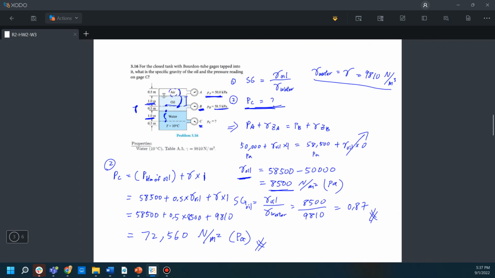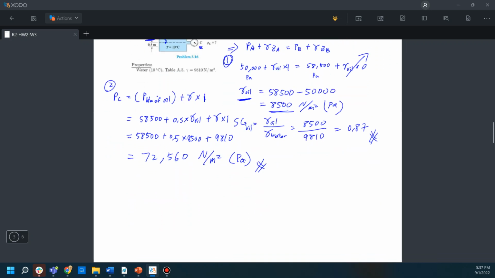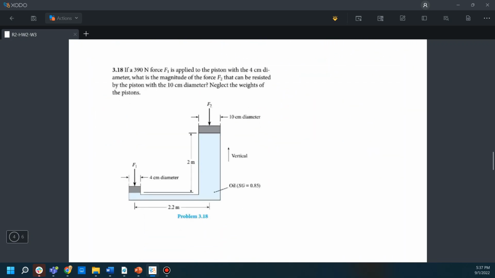Okay, so we have solved subproblem 1 and subproblem 2 using the hydrostatic equation. Now we're going to move on to the next problem.